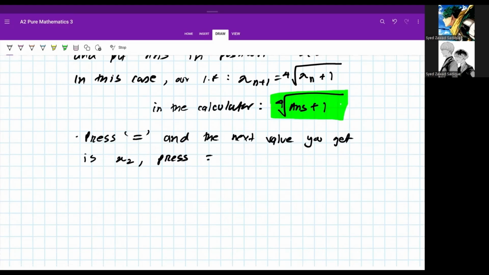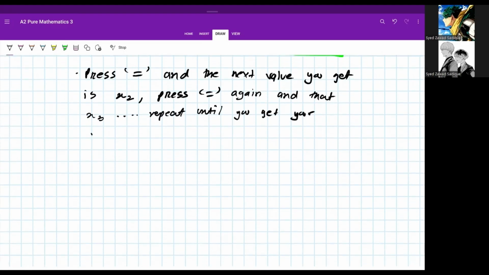Press equals again, and that's x3. Repeat until you get your required value.